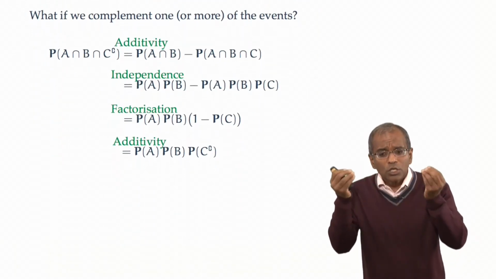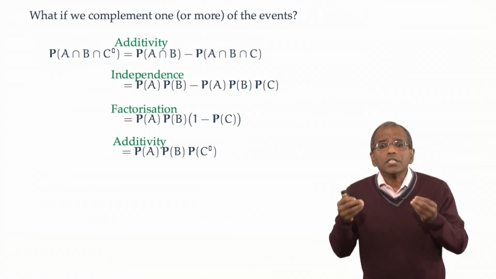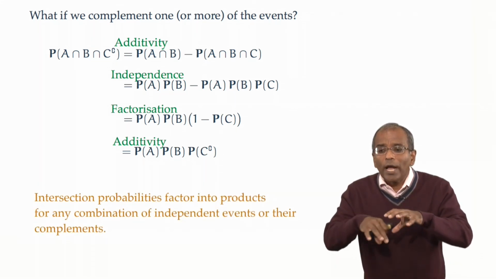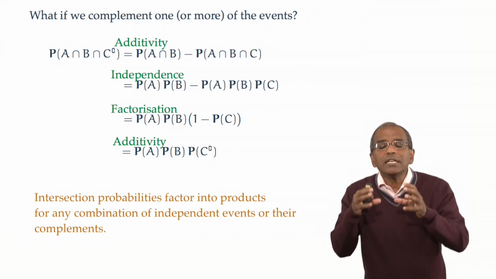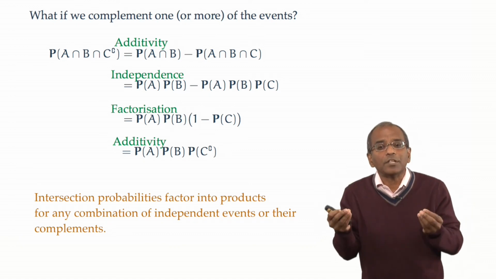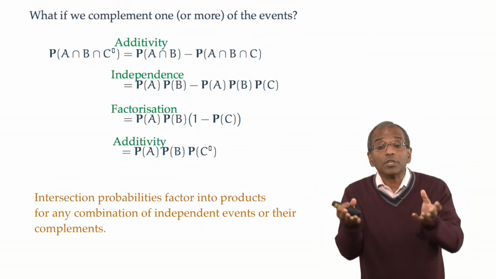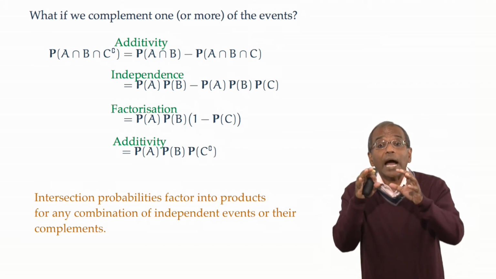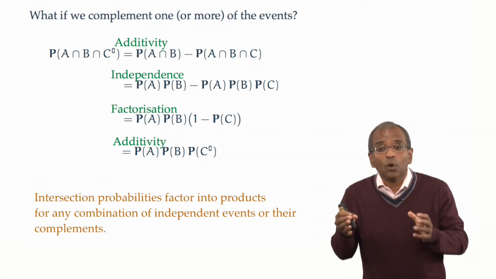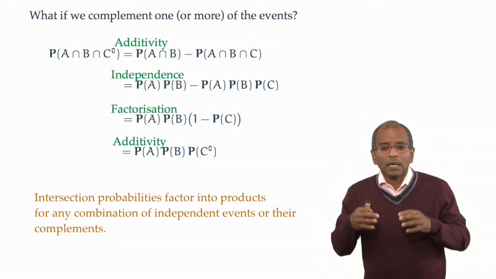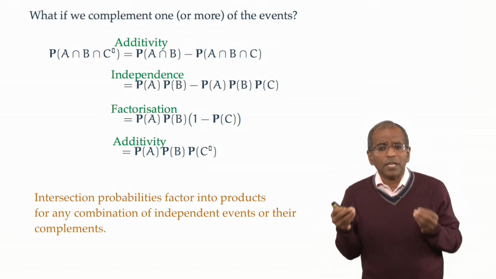And therefore, here's the slogan. Intersection probabilities factor into products for any combination of intersections of independent events or their complements. The 4 basic results, the 4 basic identities which govern independence, will give you now a whole host of intersection probabilities.